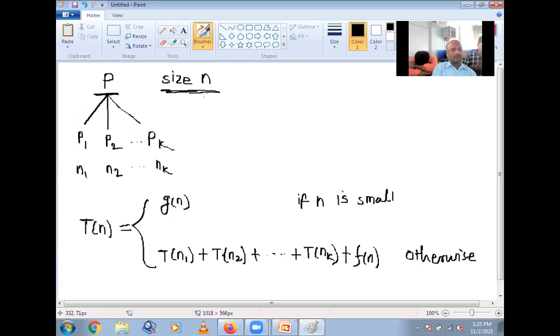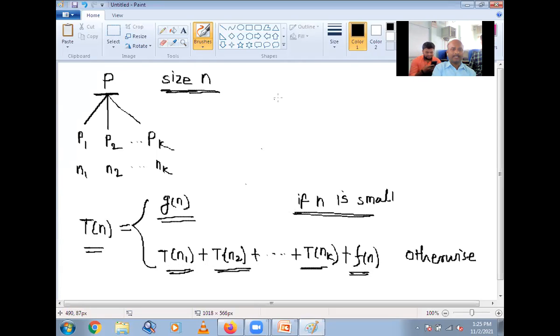So if N is the size of the original problem, then for P1 the size is N1, for P2 the size is N2, up to Pk with size Nk. Then the time complexity of the problem, T of N, is equal to G of N if N is small. If N is large, then T of N1 plus T of N2 plus up to T of Nk plus f of N.